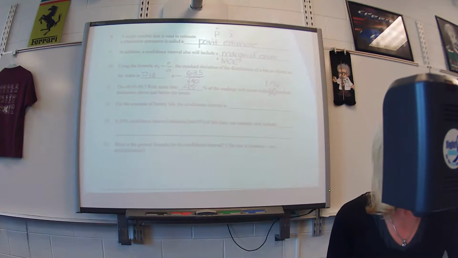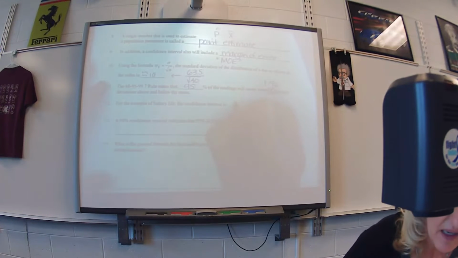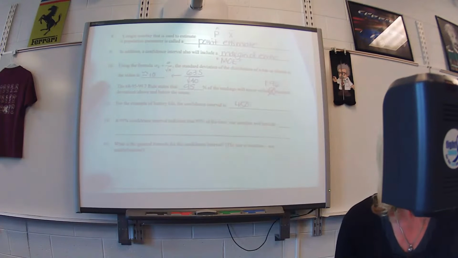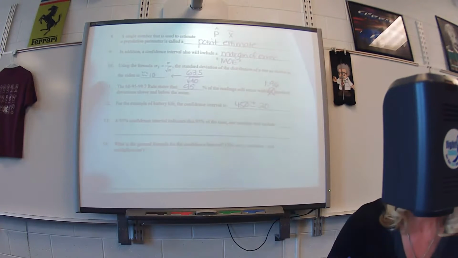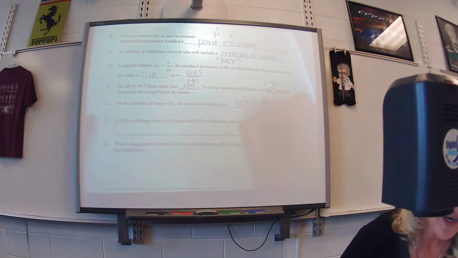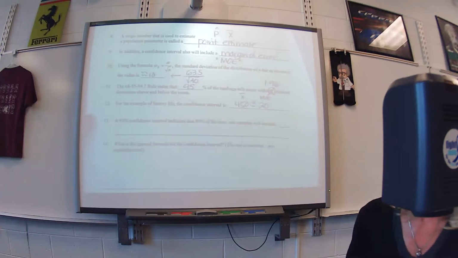All right, for the example of the battery life, the confidence interval came out to be 450 minutes plus or minus 20. Now that 20 was the margin of error, and the 450 was the x bar.